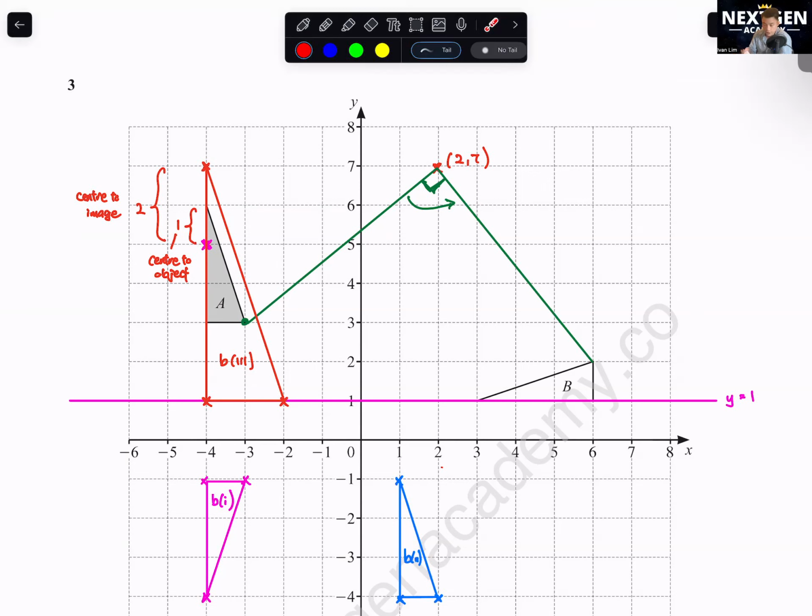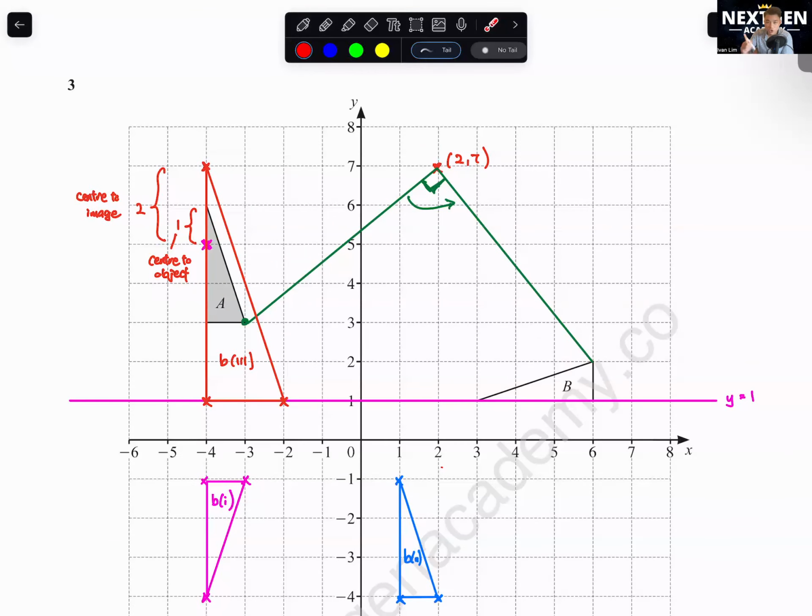Because I mentioned about the negative one. In this case, if it's positive, both are center to point. You measure center to point, then center to point. Because just now I was mentioning the negative one. Negative one means you measure from point to center, then center to point. Make sense?